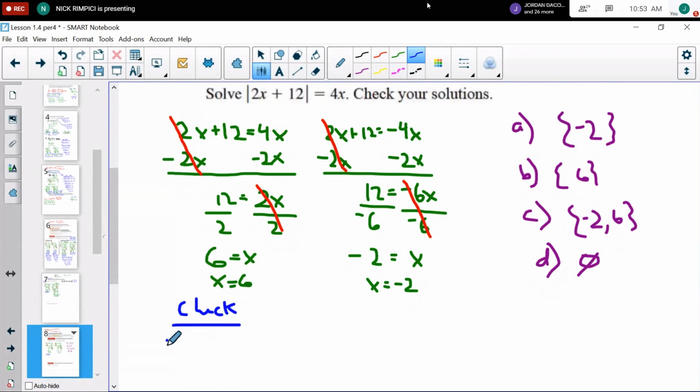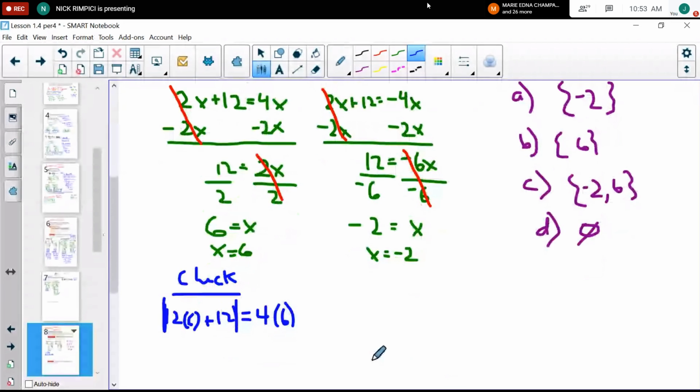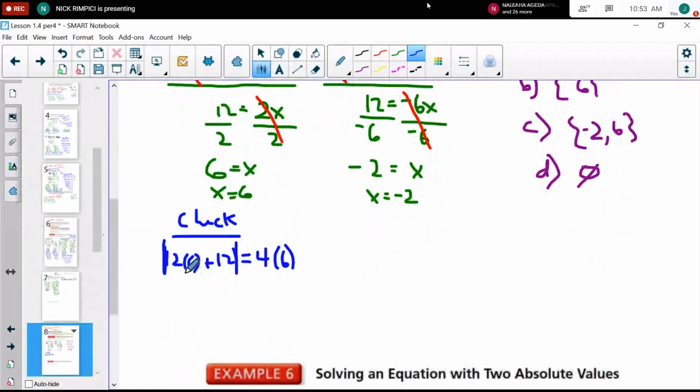So really, I have 2 parentheses 6 plus 12 equals 4 times 6. Because again, I'm replacing all my x's with 6's. Okay, if we work this out, 2 times 6 is going to give us 12.